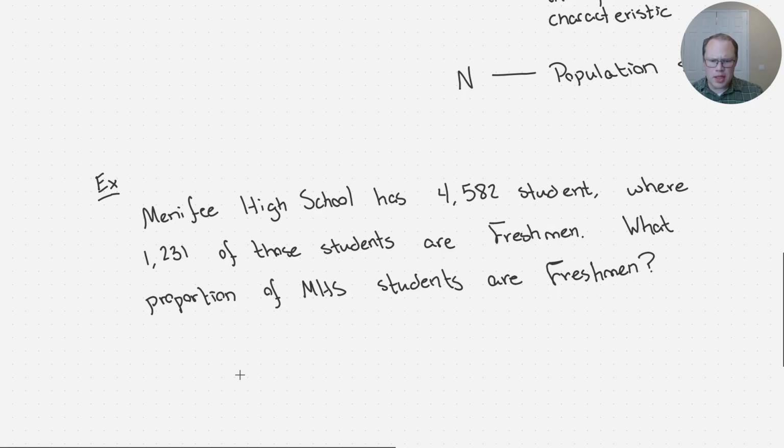So we know the formula. We want to calculate a population proportion, what proportion of the population of all students at this high school are freshman students. So we're just going to find how many members of the population have the characteristic we're looking for, in this case that they're freshmen, and divide by the total number of students in the population.